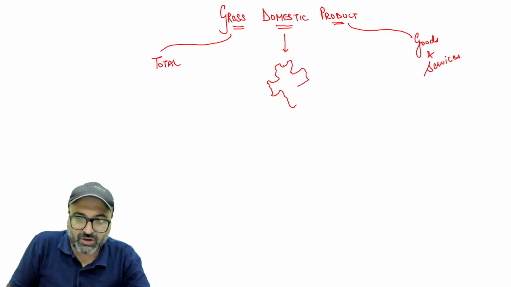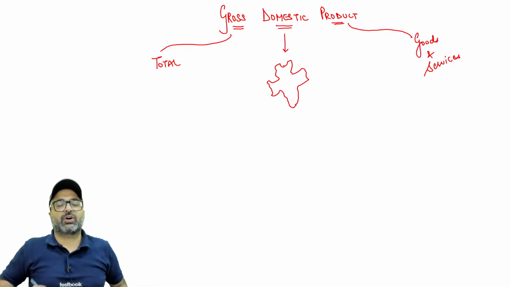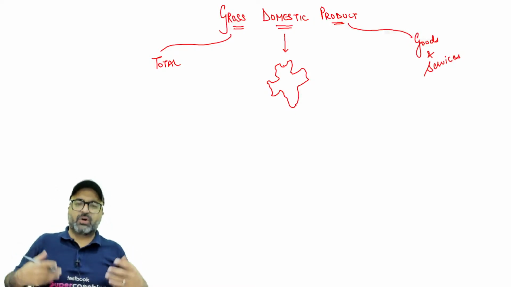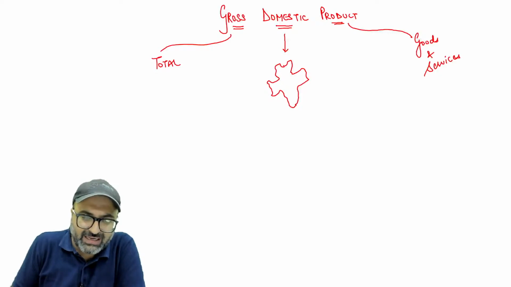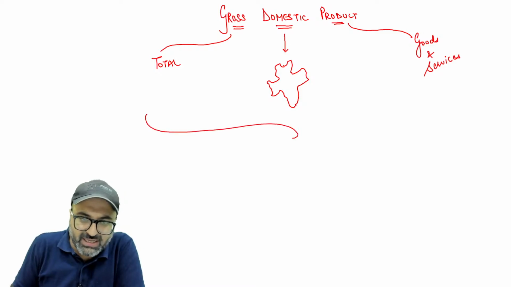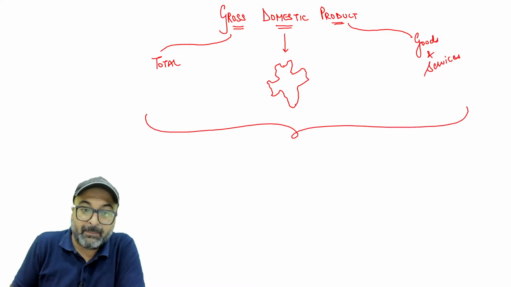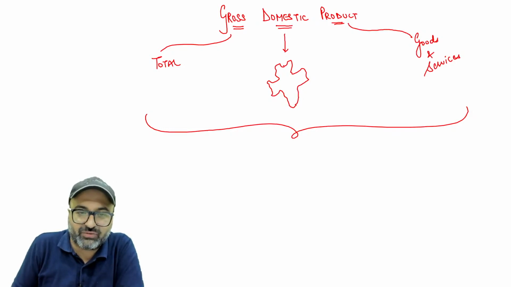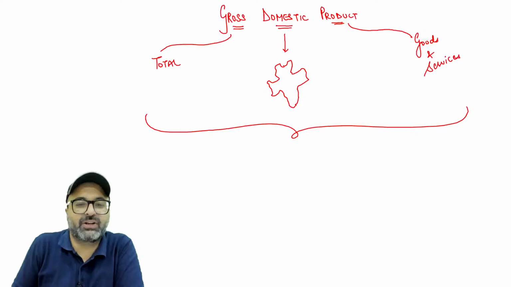So whenever we talk about gross domestic product, while calculating it, we basically talk about the total goods and services which are produced, manufactured within the domestic territory of the country, which include not only land, even your air as well as your water boundaries.